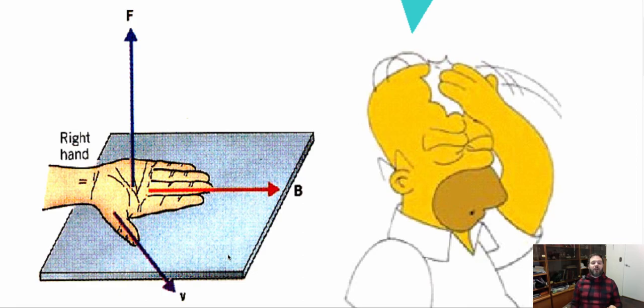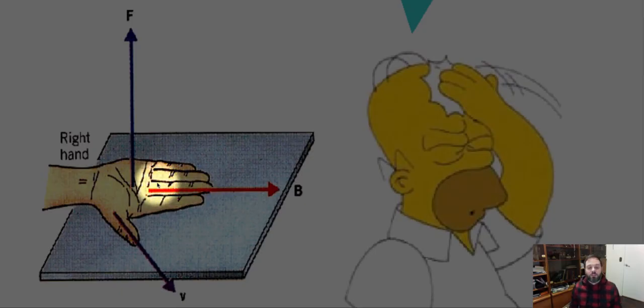In this case, we use our fingers to always line up with our magnetic field. So we're going from north to south. So the fingers will go from the north to the south pole. My thumb is always going to be the velocity of the charged particle. Once again, I use my right hand for positive particles, and I'm going to use my left hand for negative particles.